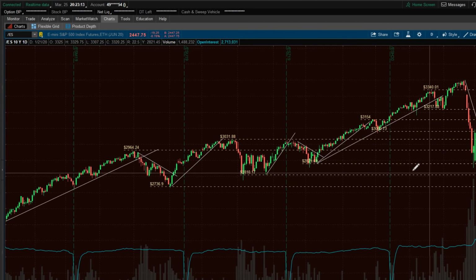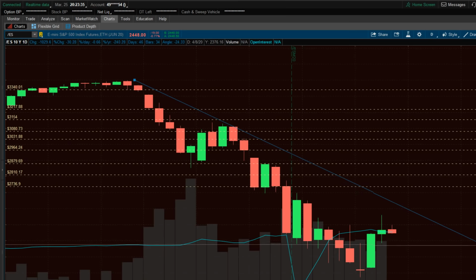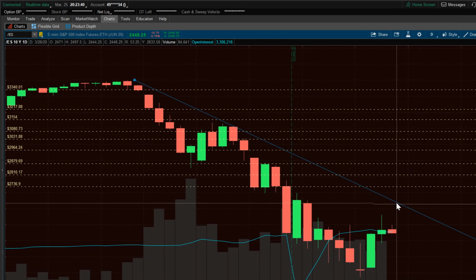All right. Let me zoom out on this. So this is the current, what is this, the daily chart of the S&P 500 E-mini futures. So we actually need to come up quite a bit more to retest this trend line before we get a breakout.